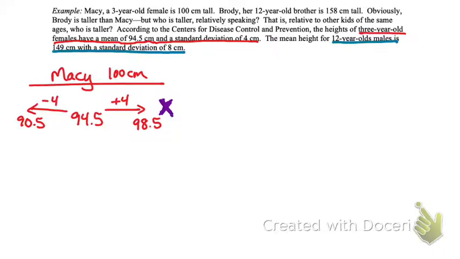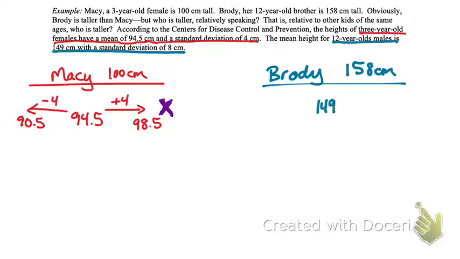What about her brother, Brody? Brody is 158 centimeters tall. 12-year-old males are 149 centimeters, give or take 8 centimeters. So their standard deviation is double that of the 3-year-old females.